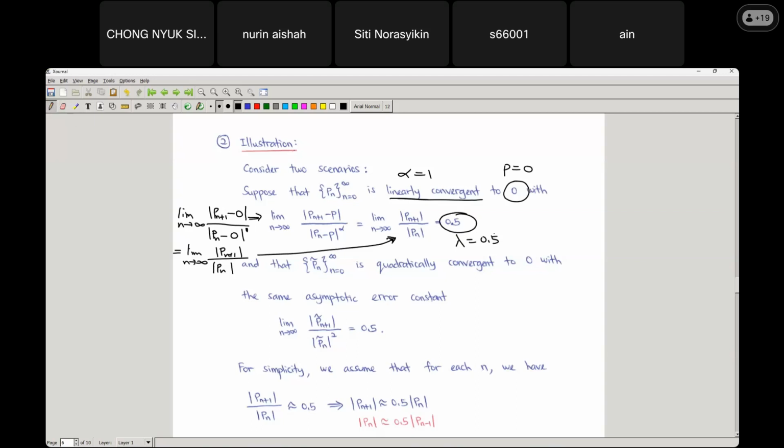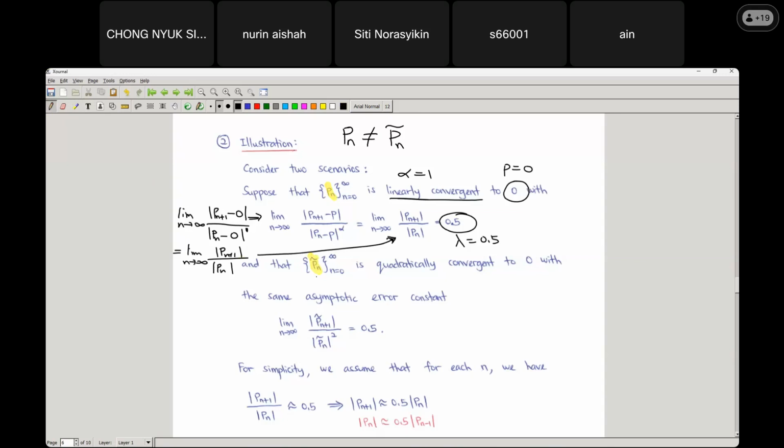Okay, and we have another sequence. If you look carefully, this is a Pn and this is a Pn tilde. If you see, there is a curly line on top of the Pn. Our Pn is not necessarily equal to your Pn tilde, so I call it Pn tilde, and we assume that they are different.